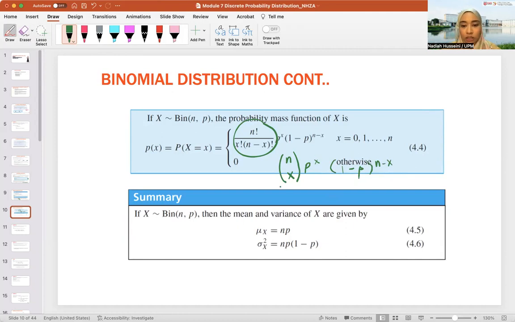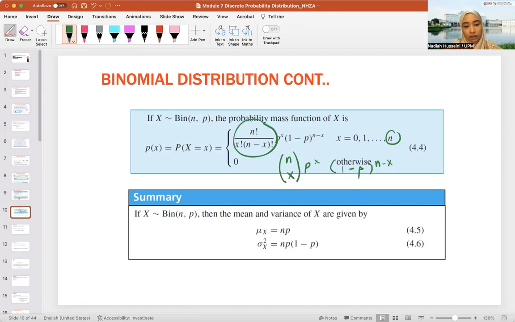It's just the combination equation, which is applied in the binomial distribution. This is for x equals 0, 1 up to n. Otherwise, your probability mass function is just 0. This is the same as before that we have learned so far.